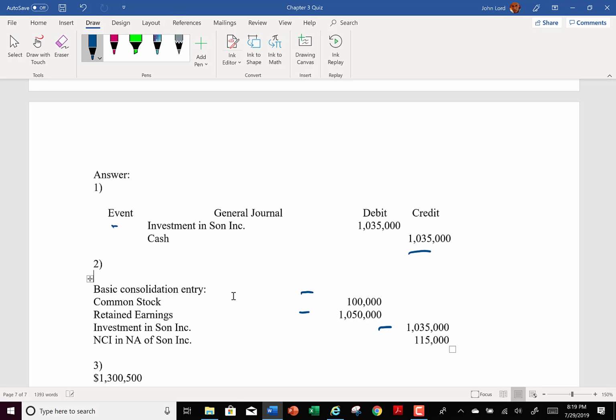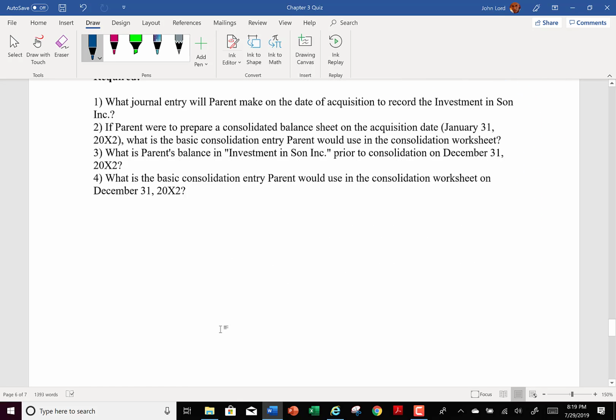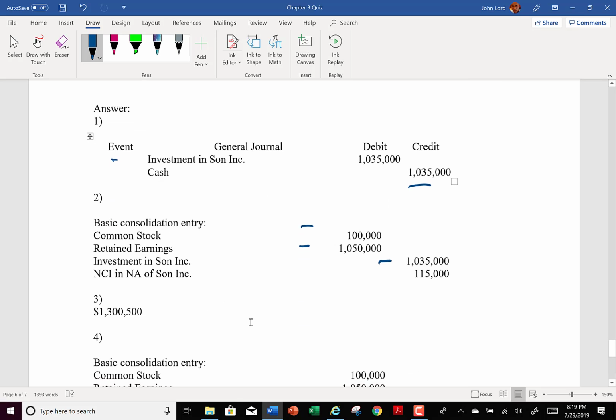I get rid of the investment account, and then I bring on the books the non-controlling interest share of the stockholders' equity, which is 1,150,000 multiplied by the 10%. So 1,150,000 times 0.1 gives me 115,000.